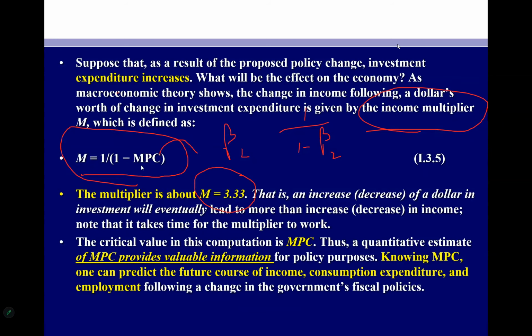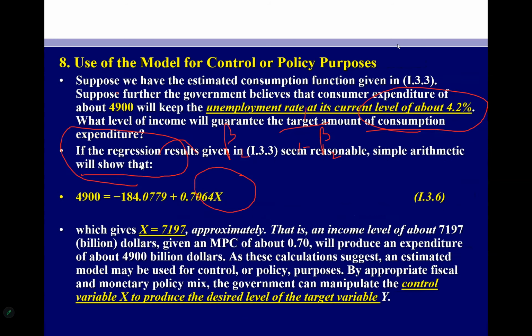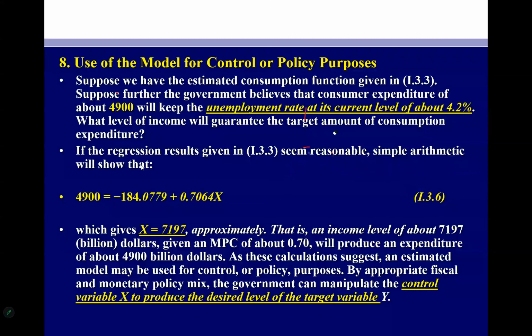Now let's say you assume the consumption level is 4,900, then you can assume the unemployment rate will be 4.2.